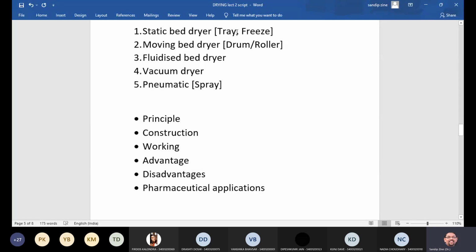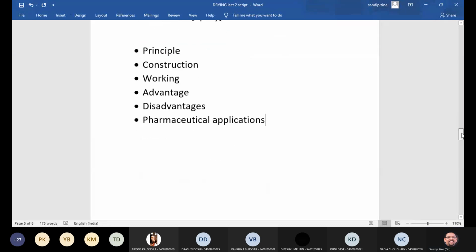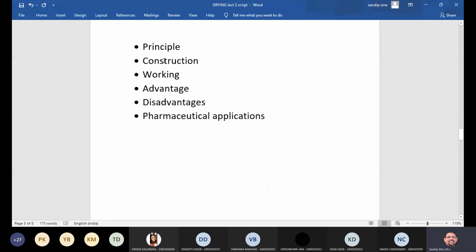For example, we will pick up tray dryer first. Then we will see the principle of tray dryer, then overall construction, then their working pattern, their advantages, disadvantages, and pharmaceutical application. If you keep all these pointers in mind, you can write a short note on tray dryer in a very systematic manner.